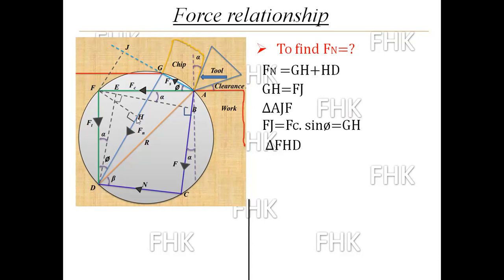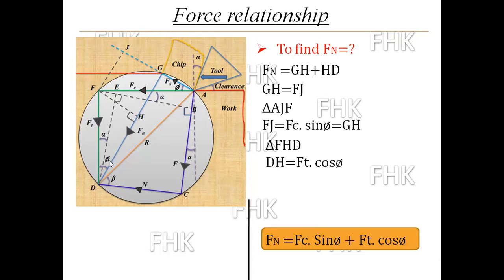What is HD? This is the adjacent side, so I am taking cos of phi. Cos phi is equal to adjacent side HD divided by hypotenuse FT. So HD will become FT cos phi.